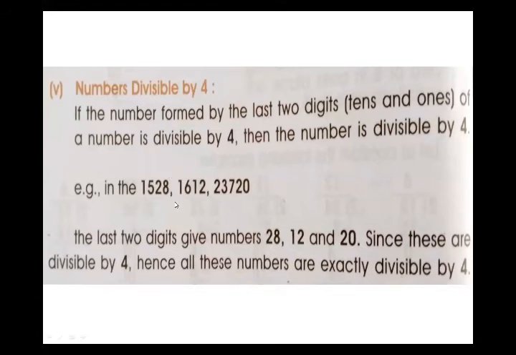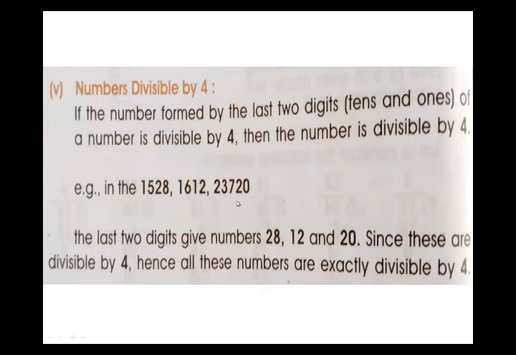Then for the next number, in the last two places you have the digits 1 and 2, which make 12. Then you recite the table of 4 to find whether the product is 12. You know that 4 into 3 is equal to 12. So 12 is divisible by 4, and then we say that the number 1612 is divisible by 4.